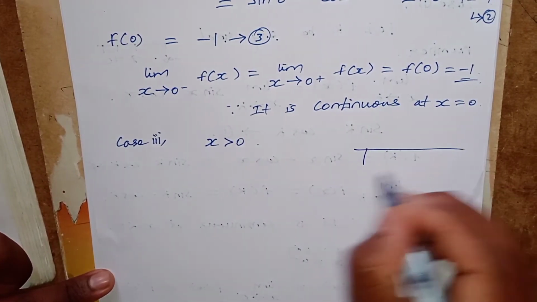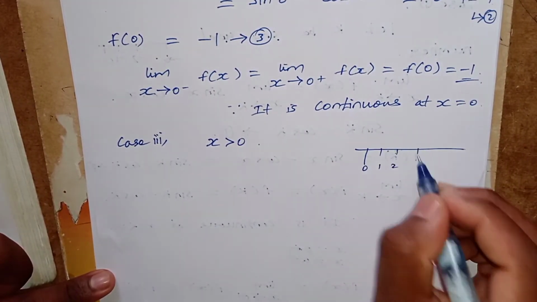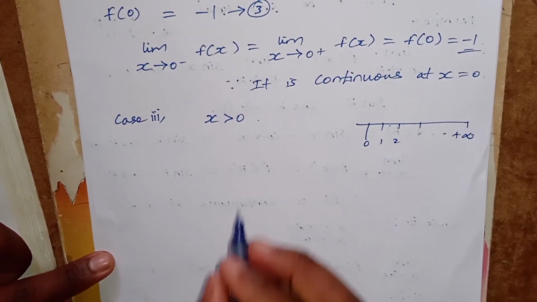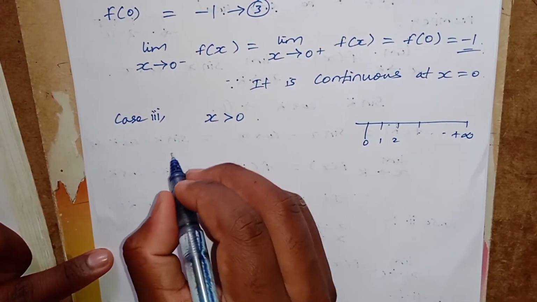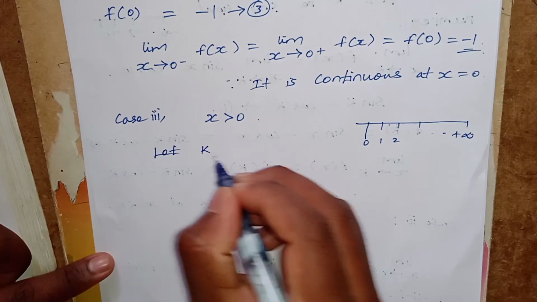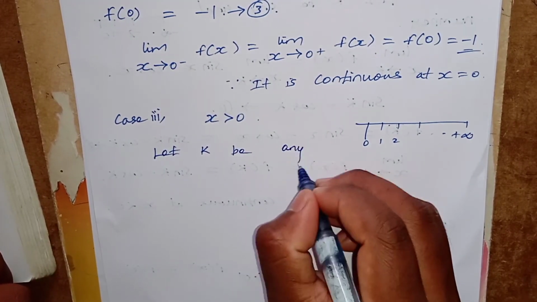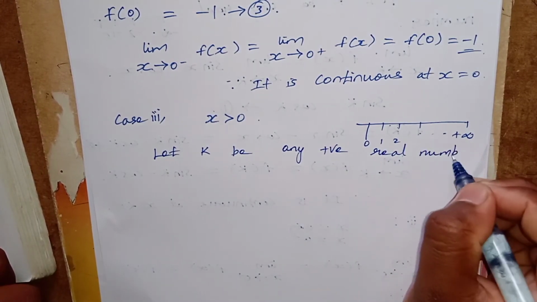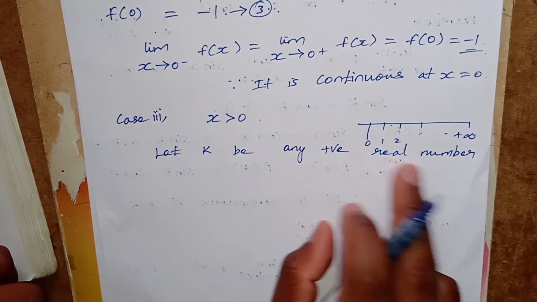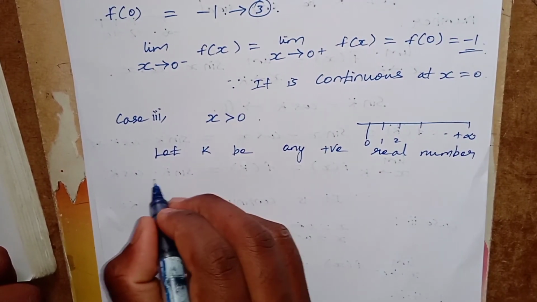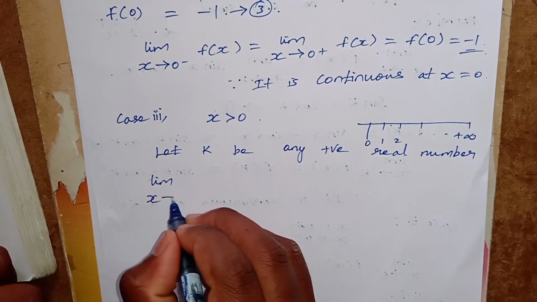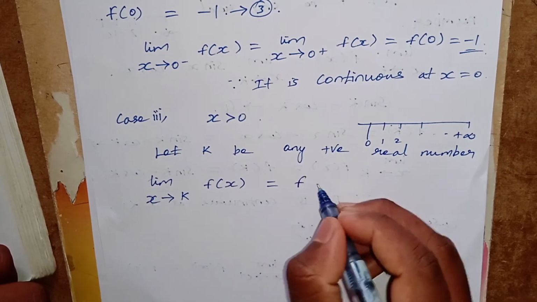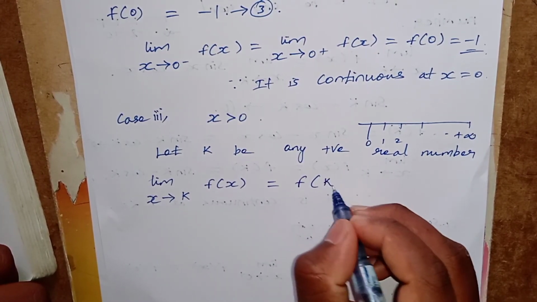Greater than 0 means from 0, 1, 2 up to plus infinity, you can take any value as you wish. Let k be any positive real number. Therefore limit x tends to k of f of x is equal to f of k.